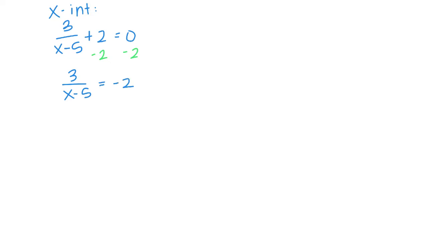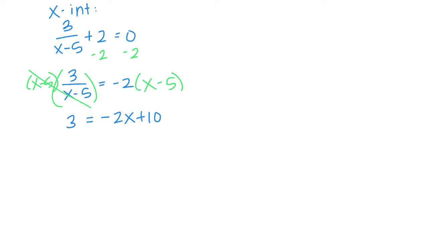And then I'm going to multiply both sides by x minus 5, because I don't want x minus 5 in the denominator. I want to get it out of the denominator so that I just have 3. And then on the right side, I'm going to distribute the negative 2. So negative 2x plus 10.